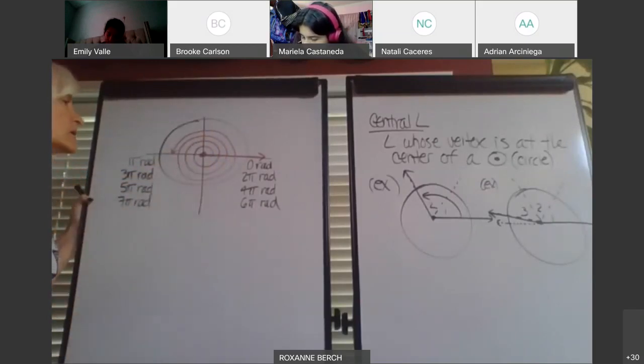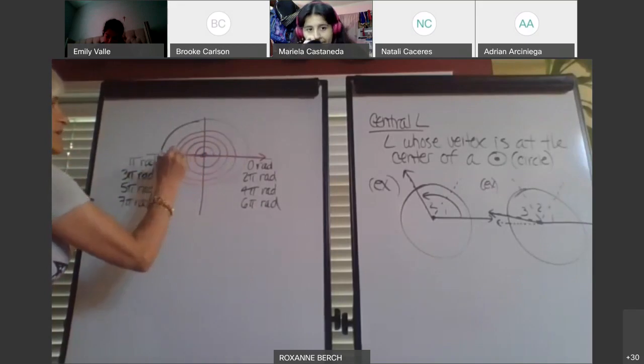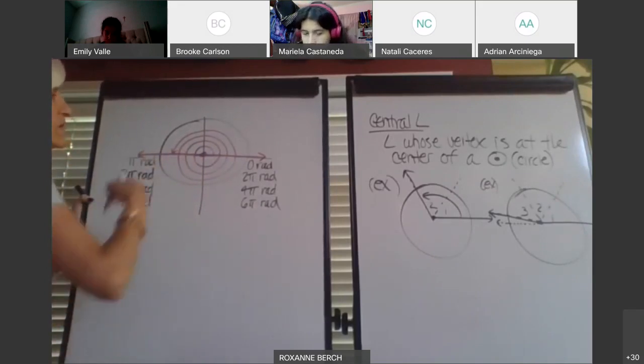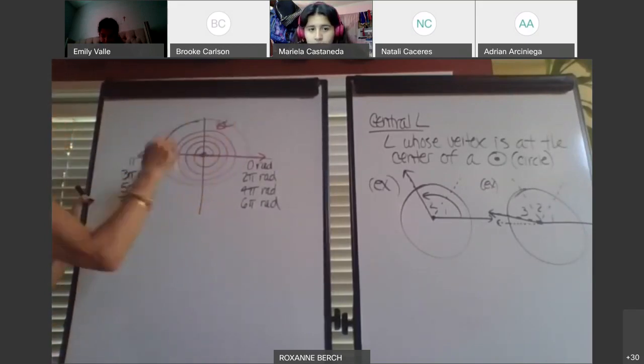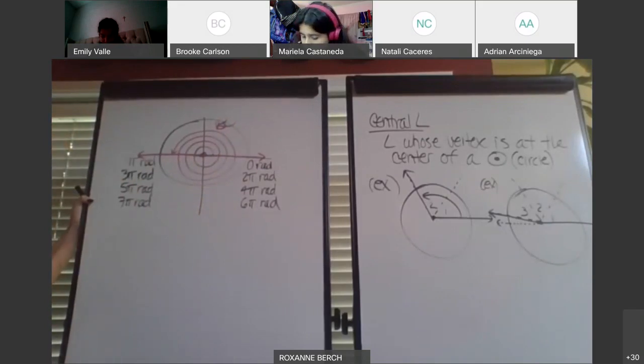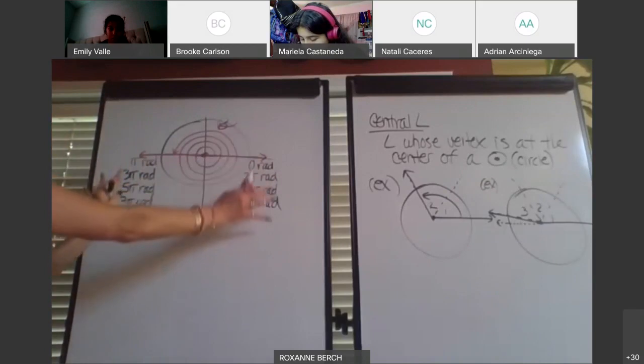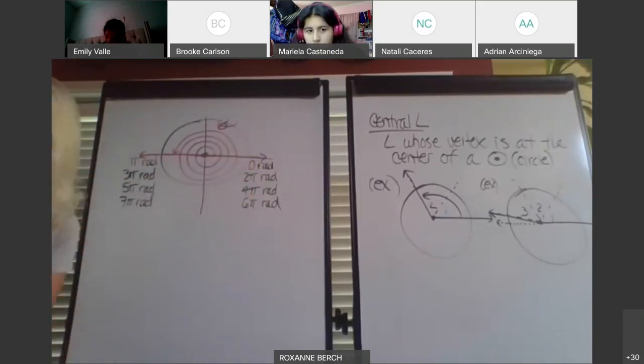That right there. And I have to draw the terminal side, and I'll label it beta. This represents an angle that is 7 pi radians. So it's going to be useful to use these as landmarks.